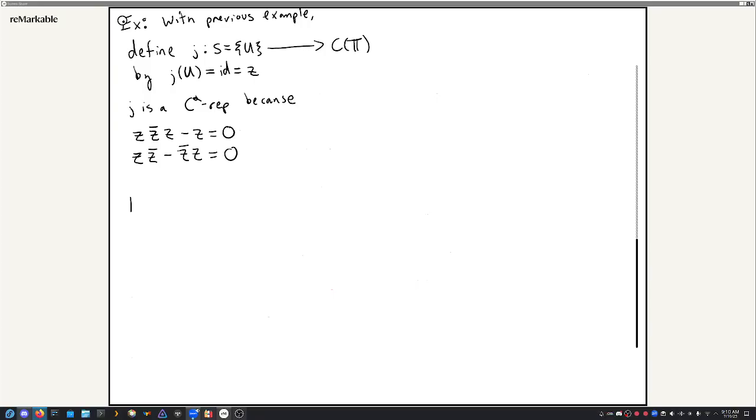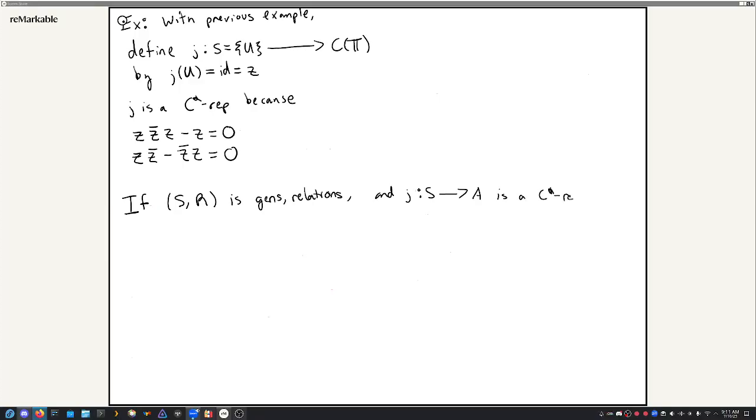Okay, so suppose we have a set of generators and relations, and some C-star representation. Then we'll call this C-star representation universal if it satisfies a certain universal property.